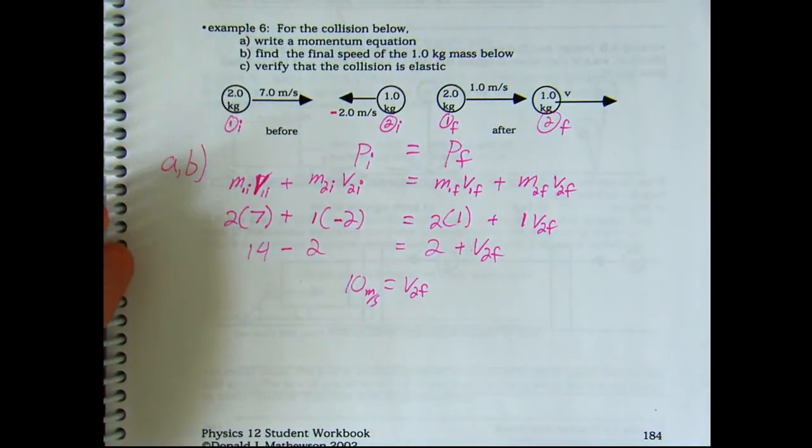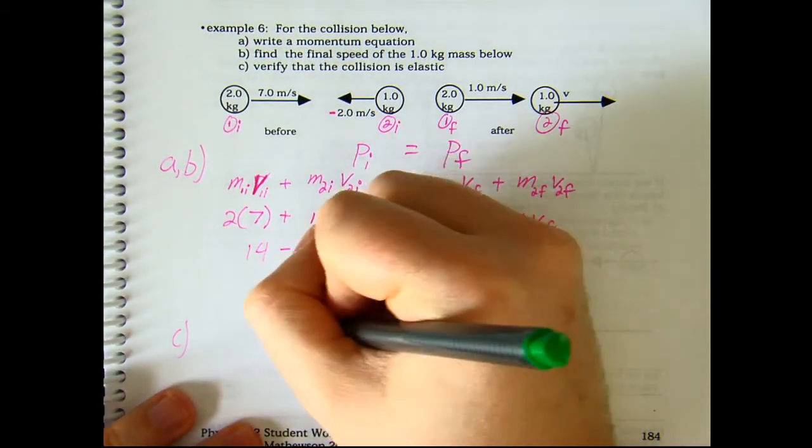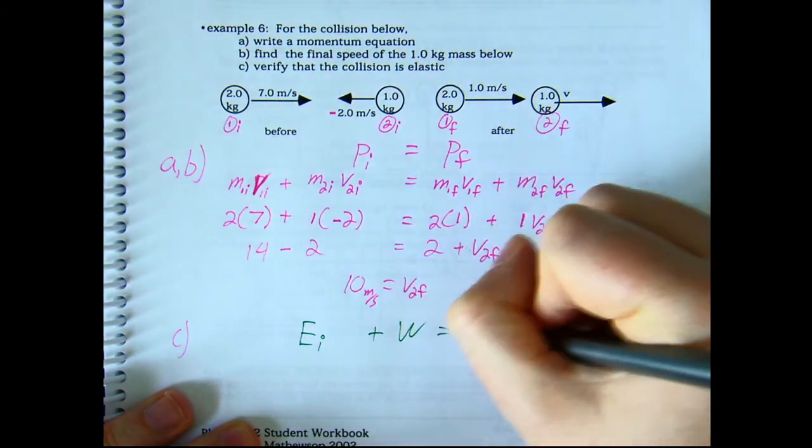So we're going to look here at part C. We figured out how fast it's going using conservation of momentum. Now we're going to see what kind of collision this is by looking at the energy. I want to use energy initial plus work equals energy final.